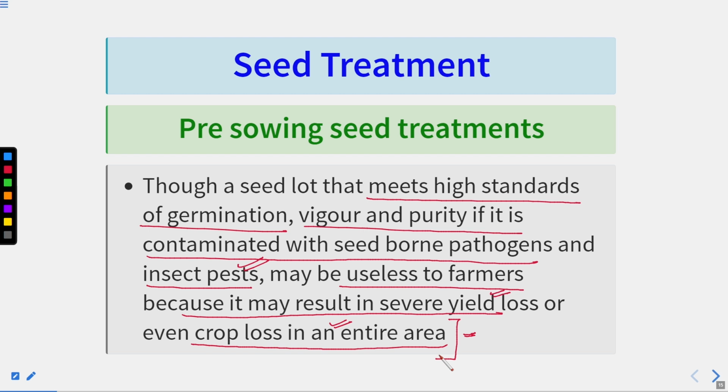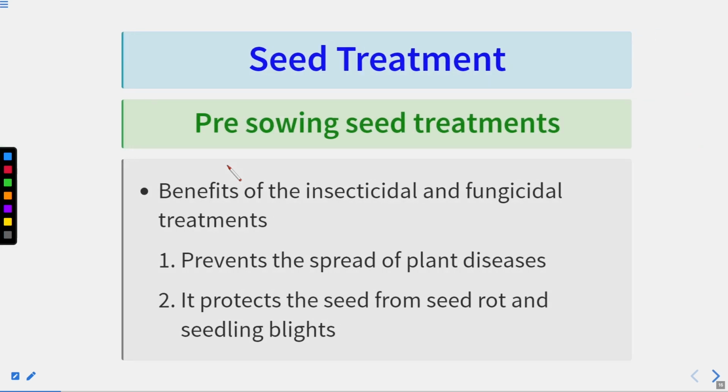Sometimes the entire area gets affected with seed-borne pathogens and even insects. So it is very important to take care that our seeds are pre-treated before sowing them in the ground.